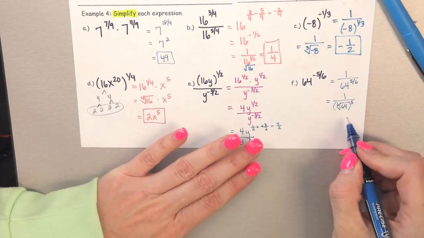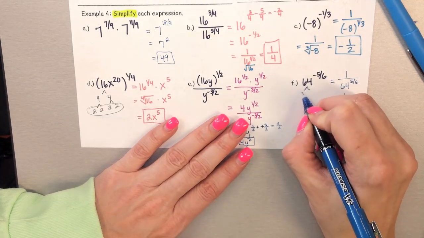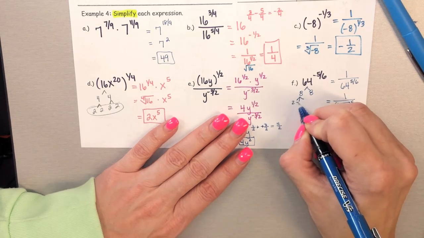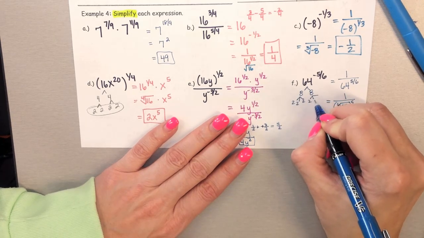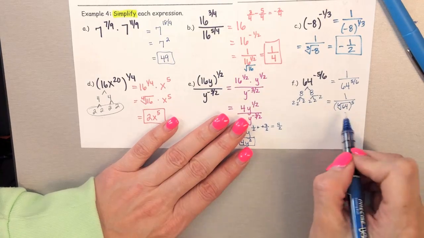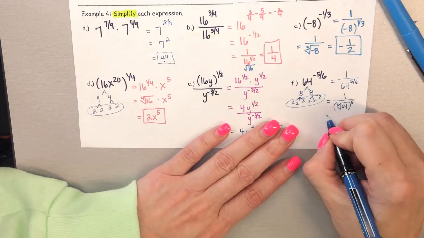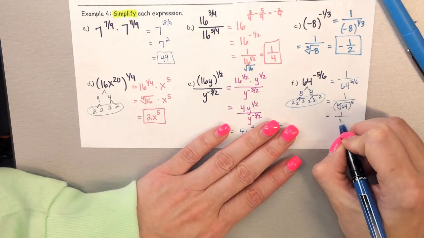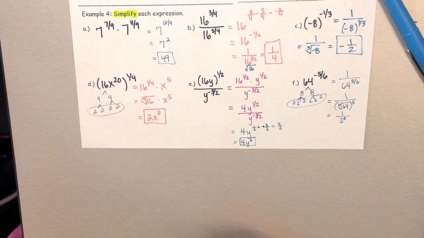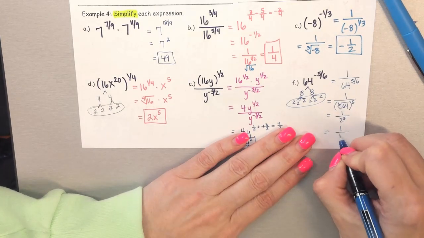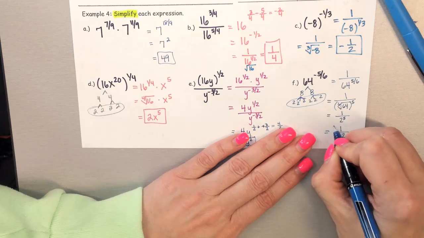When you're thinking about what the 6th root of 64 is, just remember 64 is 8 times 8, and 8 contains 3 2's. So there's how many 2's altogether? 6. So this would be 1 over 2 to the 5th power. So your final answer, 1 over 32.